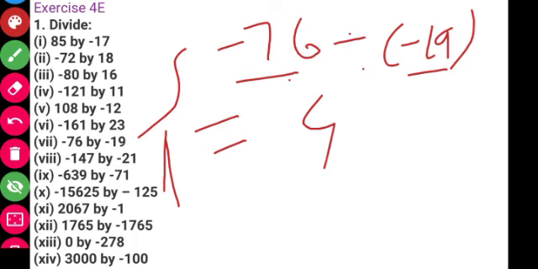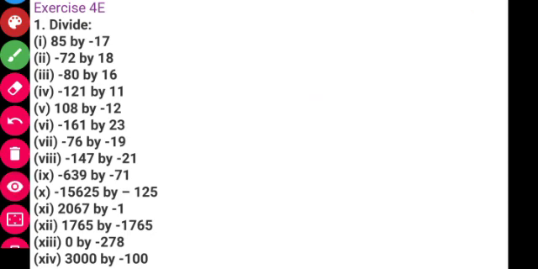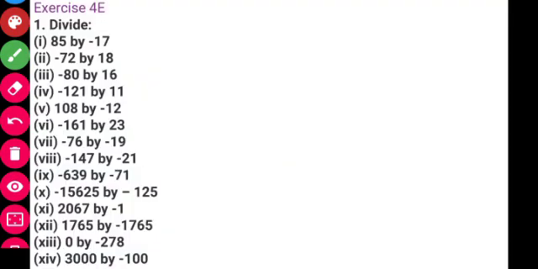So here both have same sign, so it will be in plus only. Okay, plus 4 answer. Understand? So when sign are same, then you'll put positive sign in answer, and when sign are different, then you'll put minus in answer. Okay, so now you can do remaining question of exercise 4E, and now this chapter is finished.